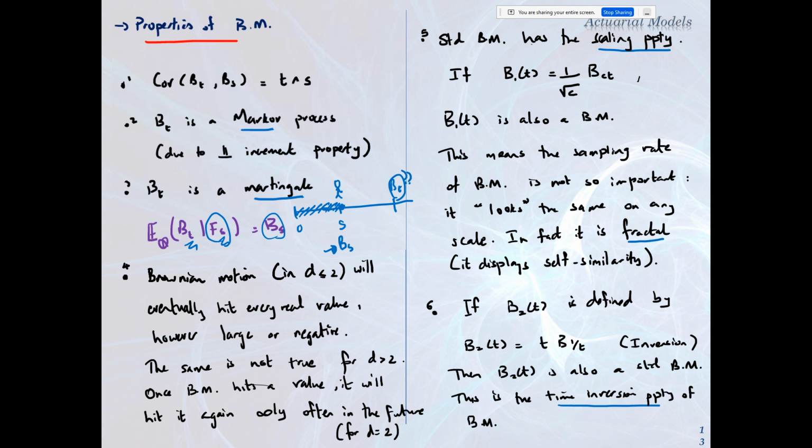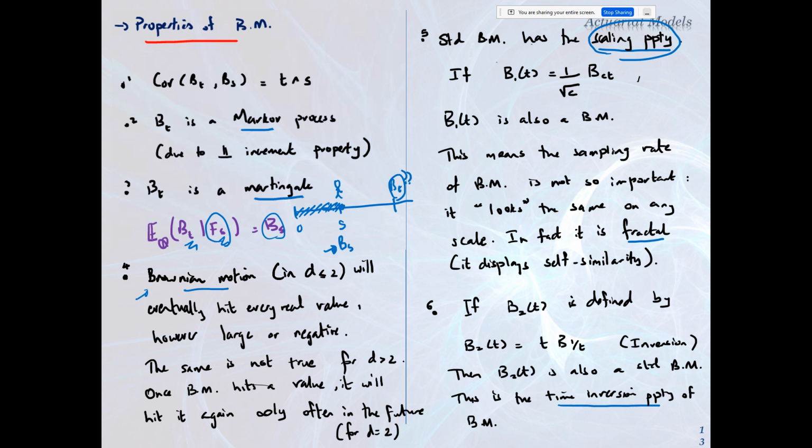Okay. So we are working with Brownian motion in only one dimension. Brownian motion may be defined in 2 dimensions, etc., so you may read about the properties relating to the 2-dimensional case. Property 5: the standard Brownian motion has a scaling property.